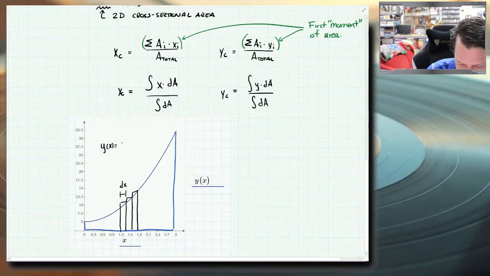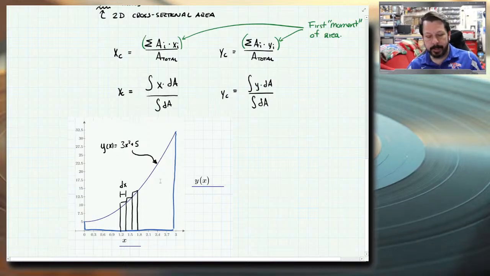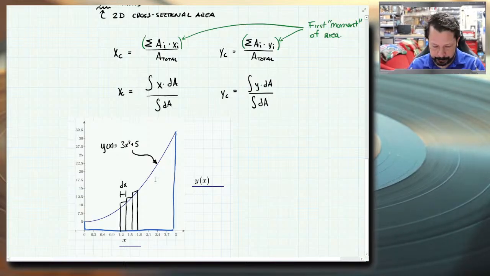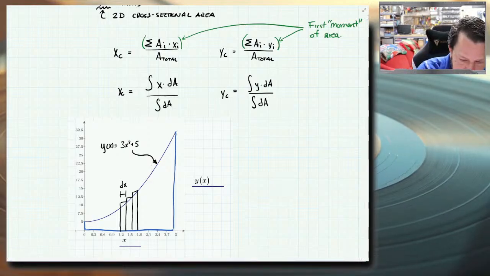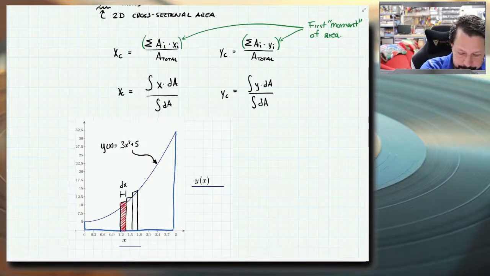The height of these, remember our equation, y of x equals 3x squared plus 5. That's the equation of this line. So I know the height anywhere because I know that equation. This piece, any one of these, it doesn't matter which one you pick, is dA.